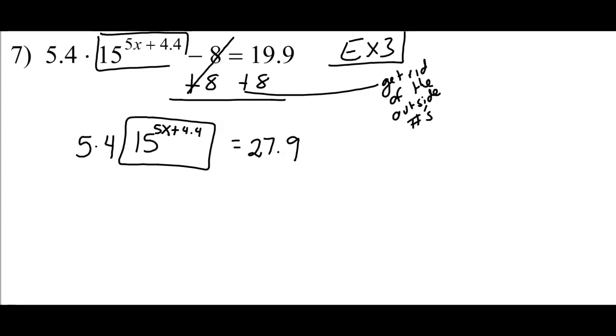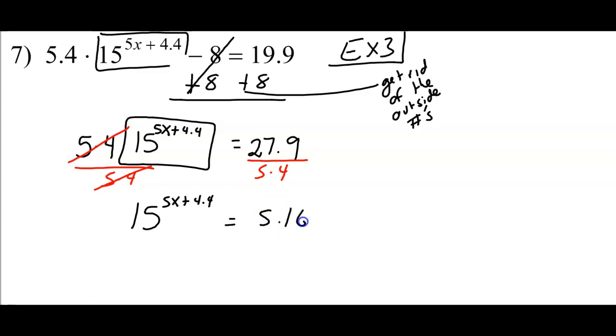The one that's right next to the box with nothing in between, that's the one you're going to divide. So we're going to divide both sides here by 5.4. All right, 27.9 divided by 5.4. I'm getting 5.167 if I round it.